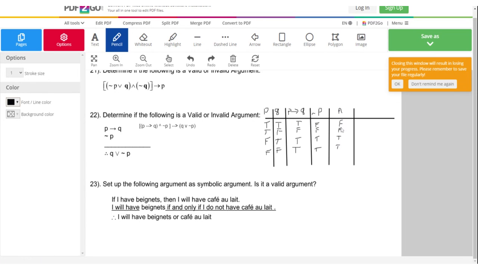False, false, true, true. Now I need one more line. I have to squeeze it in there.